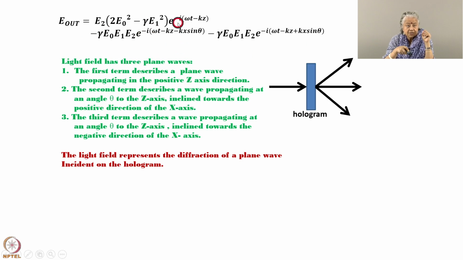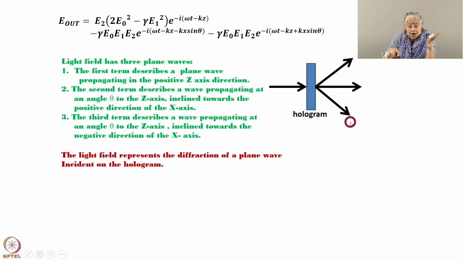You just notice the phase term here, e to the power omega t minus kz, it is moving around the z axis. Then you have this additional phase of kx sine theta, which shows that it is moving out in this direction, and then minus this whole thing. This has a plus kx sin theta.